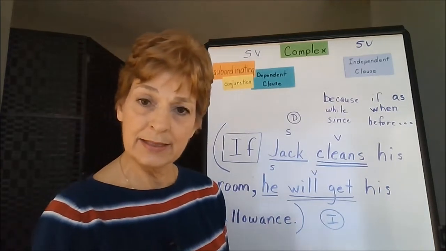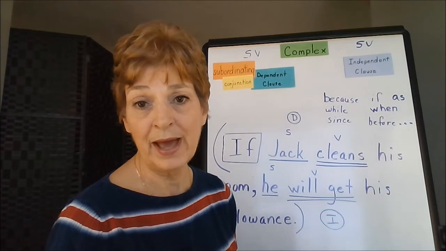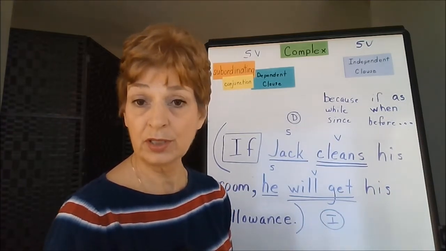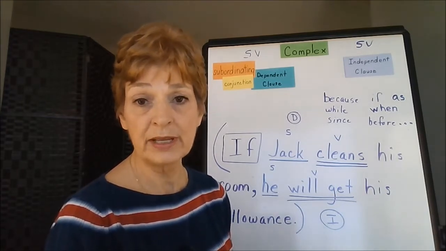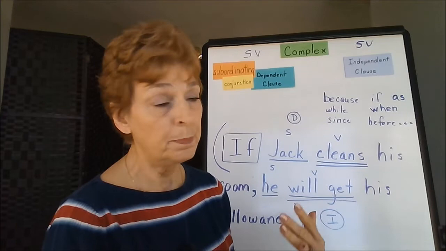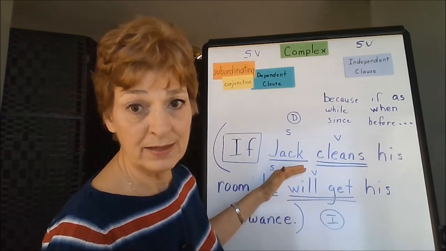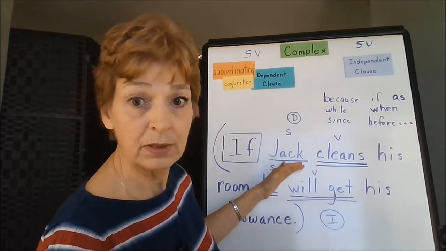In the syntax of the English language, the normal pattern is to have the independent clause first, the clause that makes sense and could stand alone. That's usually how we speak. Putting the condition or the consequence of his lack of cleaning his room last.